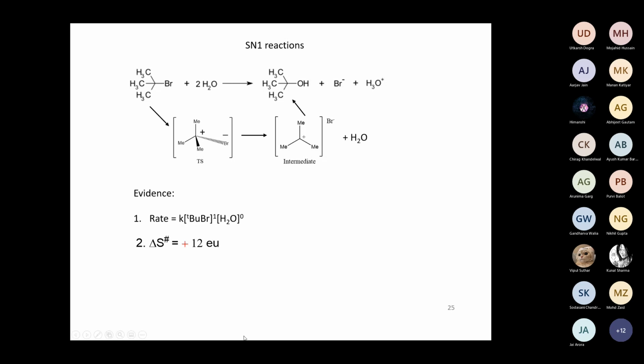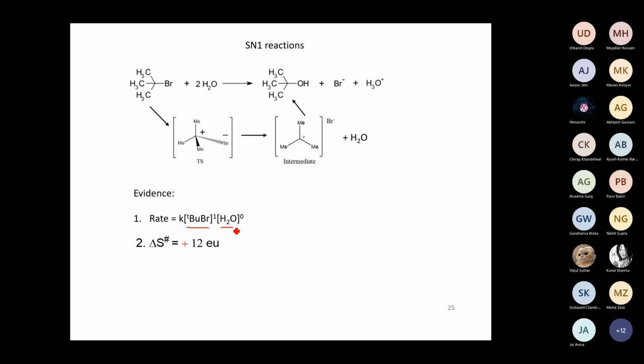First you need to run the kinetics and determine the rate law, as I told before. The rate law shows the rate is equal to k times the concentration of the starting material t-butyl bromide, first order, but it is zero order with respect to water. That indicates this is a unimolecular reaction, not a bimolecular reaction, because water is not involved.